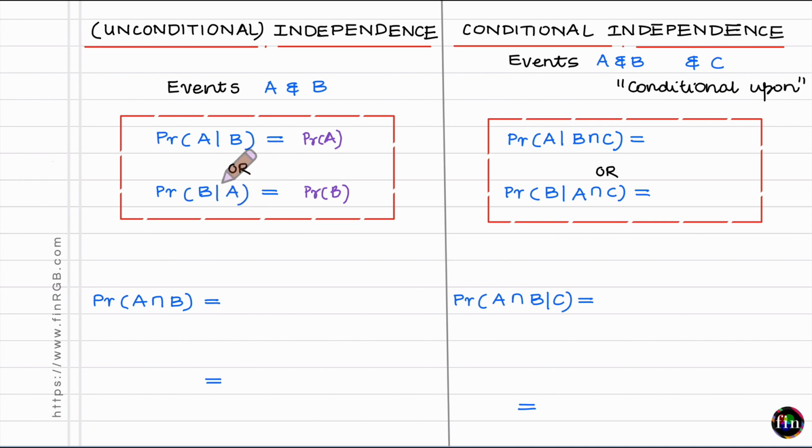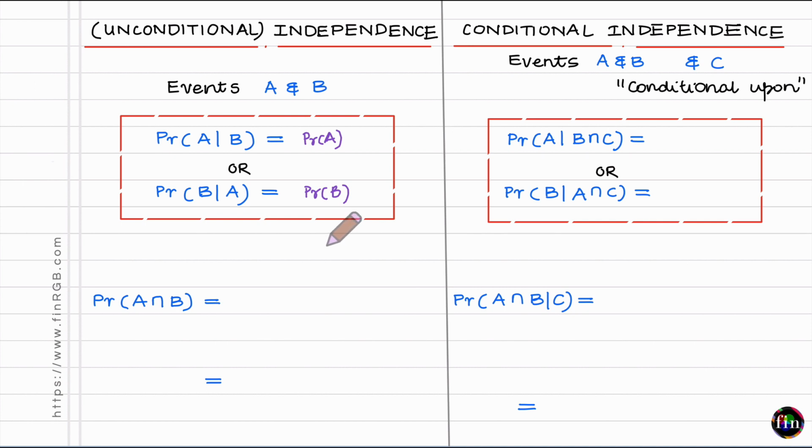This piece of information that event A has happened was completely useless in terms of determining, or let's say altering, an already known probability of event B. Okay, so this is one way of mathematically expressing this notion that A and B are independent.